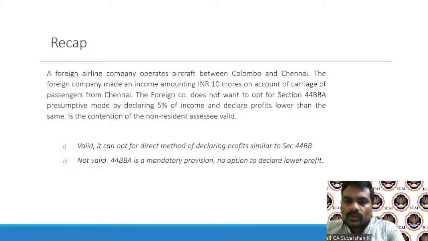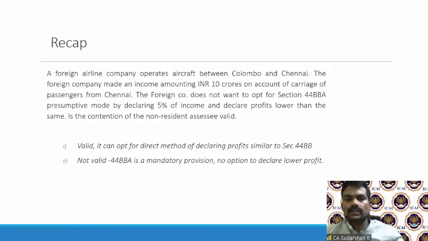So there are obviously only two possibilities. One, yes, it can opt for the direct method. What I mean by direct method is show your income minus expenses, the typical conventional basis on which you determine income for taxation. Or the other possible answer could be no, not valid, because 44BBA is a mandatory provision, with no option to declare lower profit.